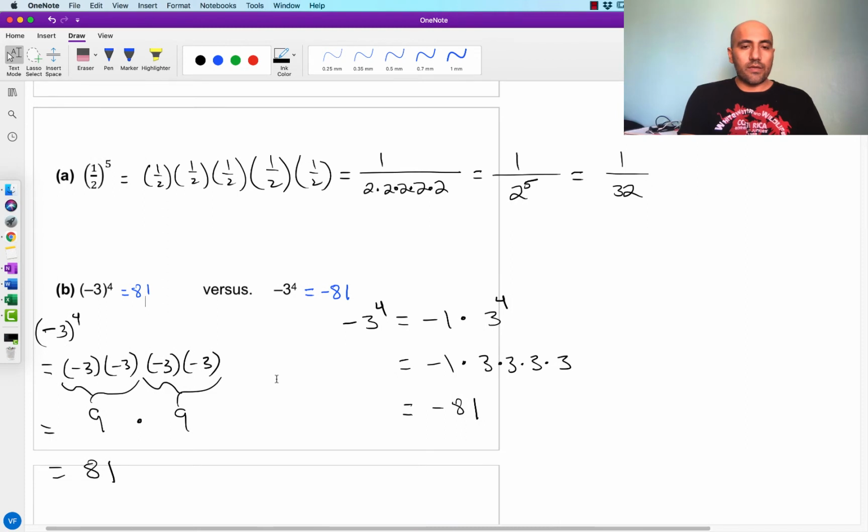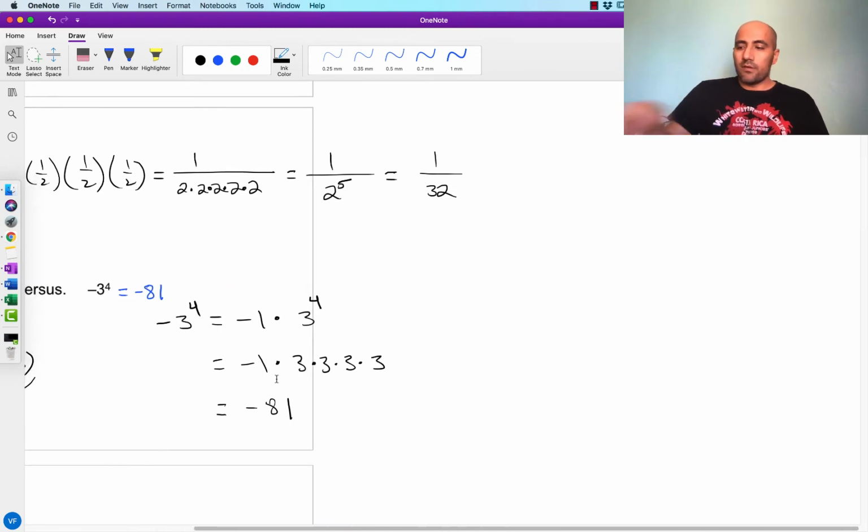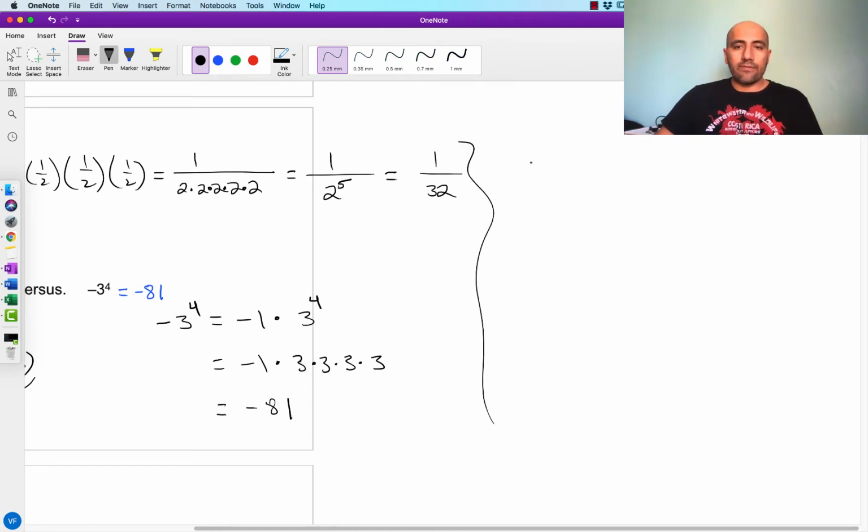Let's try a couple more. We can also get stuff that's a little bit more interesting. For example, we could have something like a plus b to the power of 3, right? What this means is that we're going to multiply it by itself 3 different times.